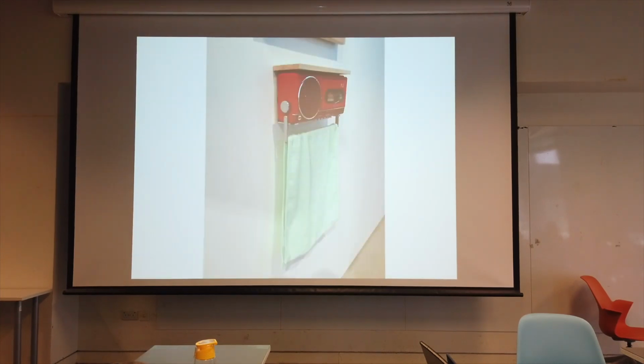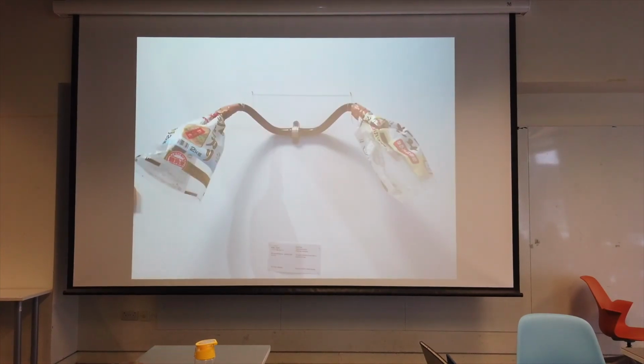That is amazing. Actually, this one I saw when I went to Japan. They had an exhibition talking about how ordinary people transform everyday objects into an alternative way of usage. And this one again is a handle, a bicycle handle, and I think it keeps the hand warm by using a plastic bag.